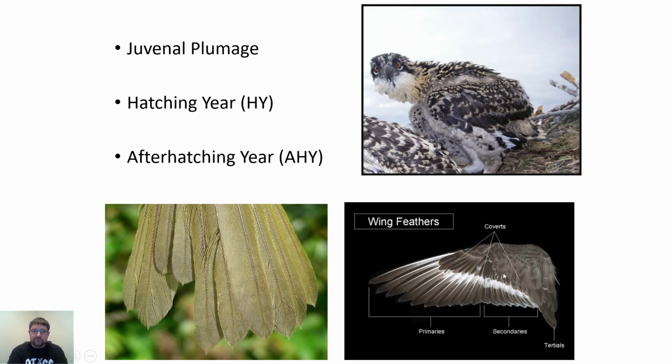There are lots of different, very species-specific ways to determine whether it's hatch year or after hatch year. One key way, though, is that sharp ridge or that straight line that comes off of a rounded tip on the primary feathers.